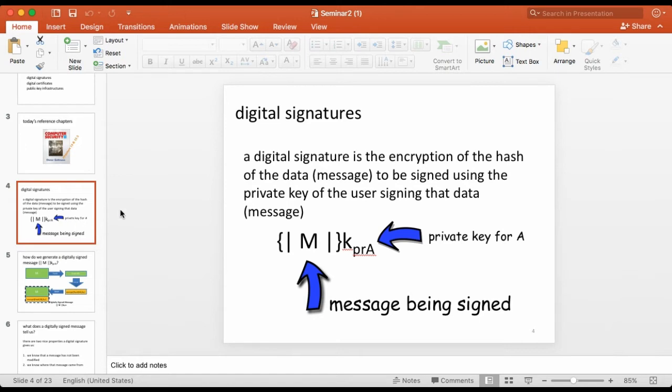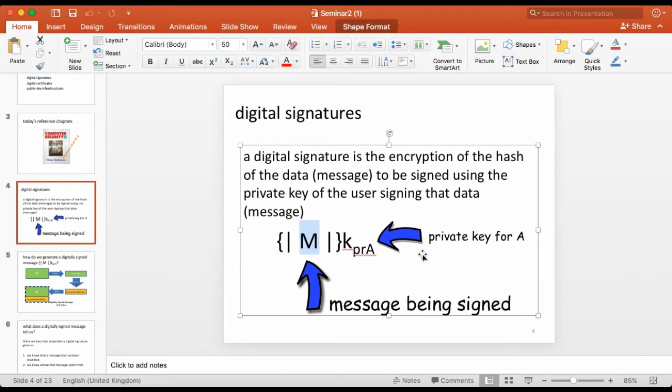So if you consider that M, for example, is the message that you want to sign, and you are Alice, or A, that you own private key KPRA, then essentially a digital signature is written in the following form.